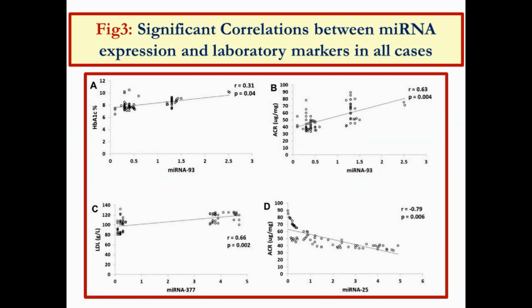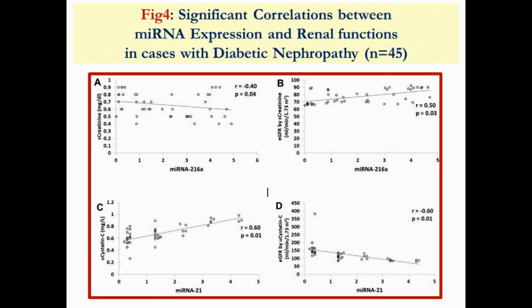When taking all the cases and studying the significant correlations, we found that the microRNA 93 was significantly correlated with hemoglobin A1C and with ACR. MicroRNA 377 was positively correlated to LDL, while microRNA 25 was negatively correlated to ACR.